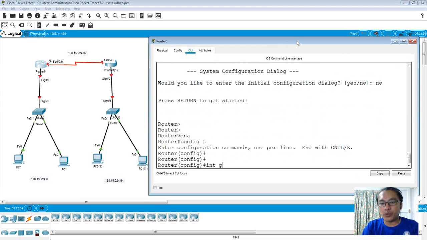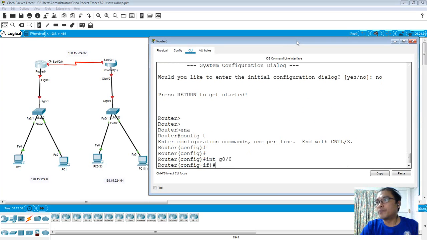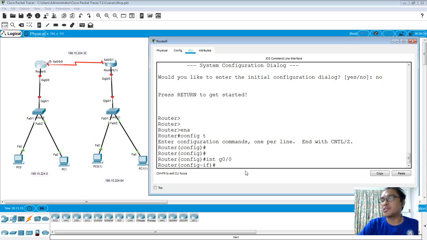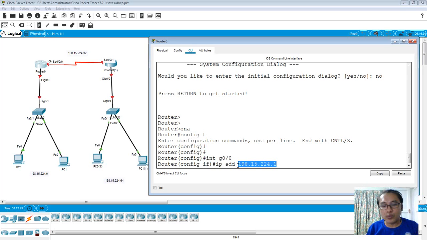In G0/0, we are going to put the IP address for the gateway here, and that is, we already assigned the network 224.0, so therefore this is ip add 198.15.224.1. So that would be the gateway address.